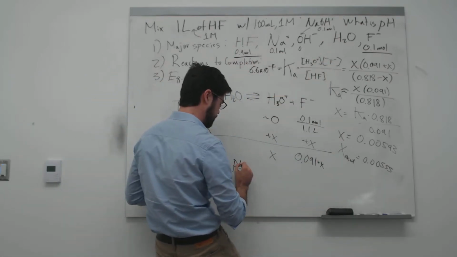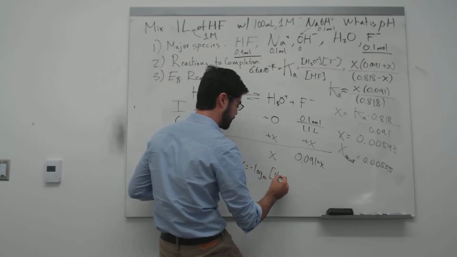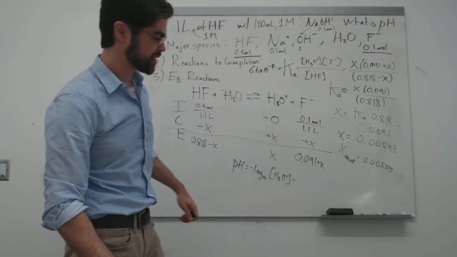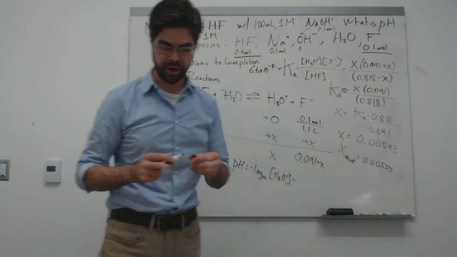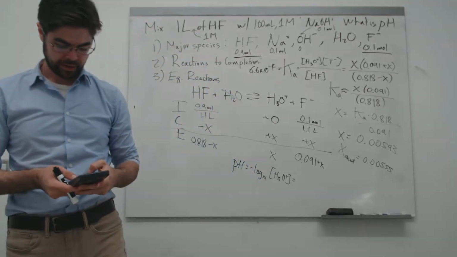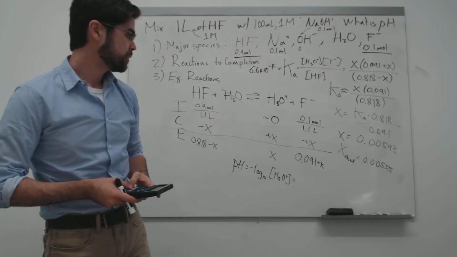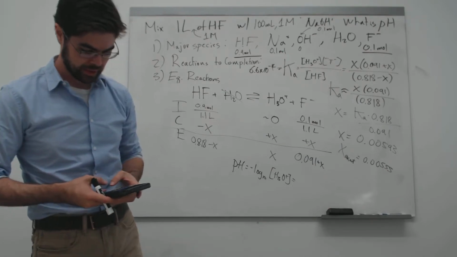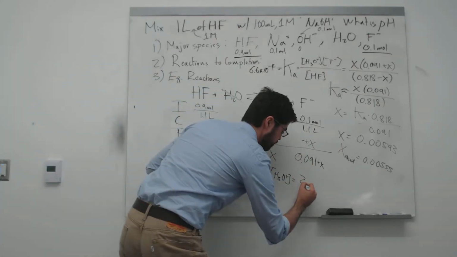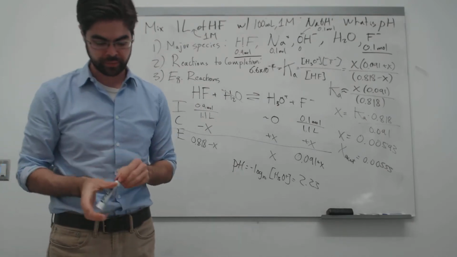We know pH is negative log of the hydronium concentration. And I just realized as I'm looking at my notes, I used the exact value. Let's use our approximate value and get this. So that should be negative log of 0.00593, and that ends up being 2.23 is the pH of this solution.